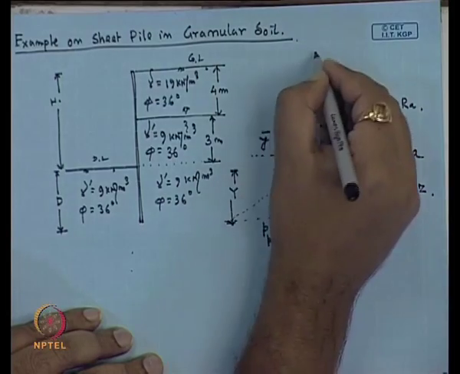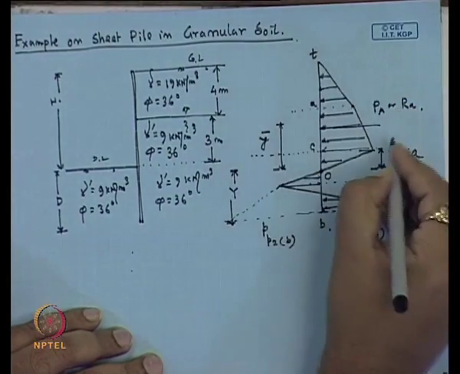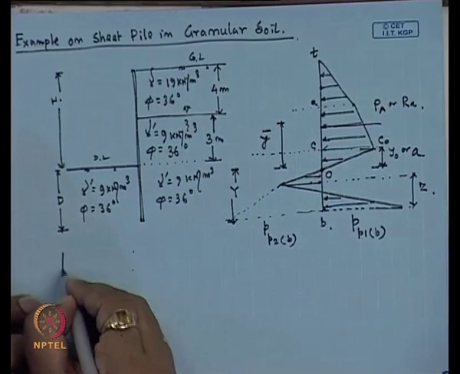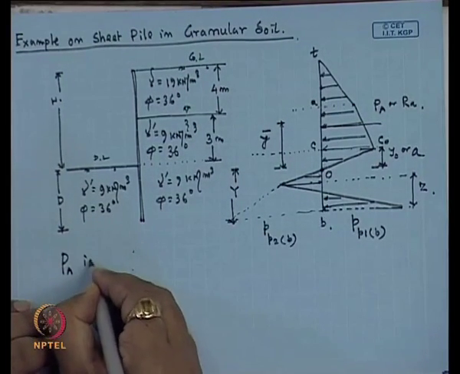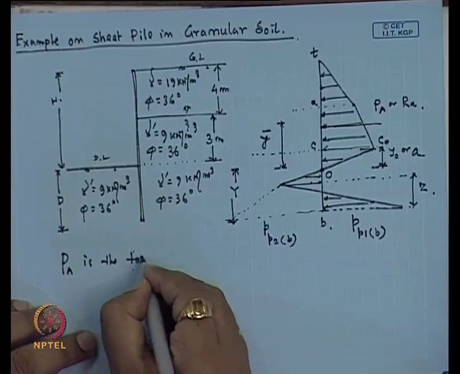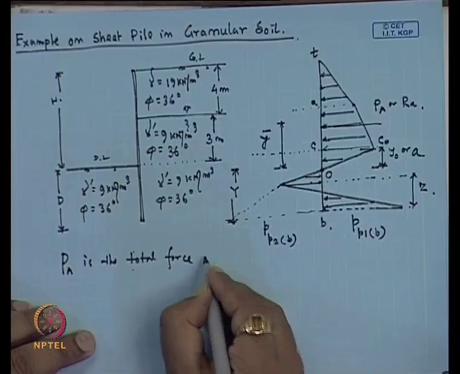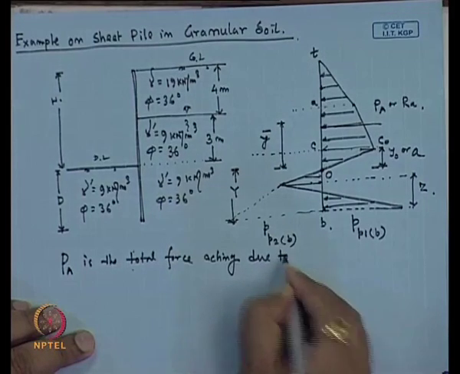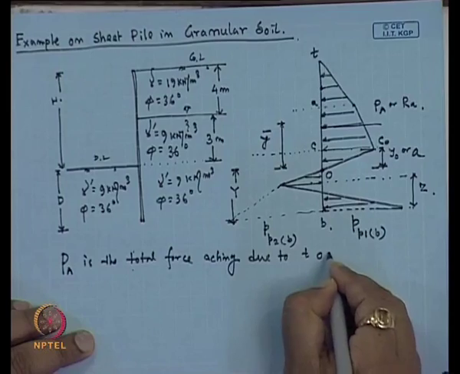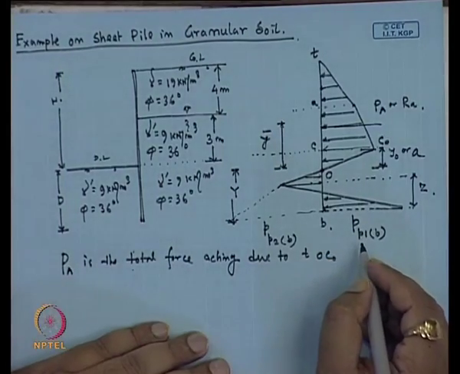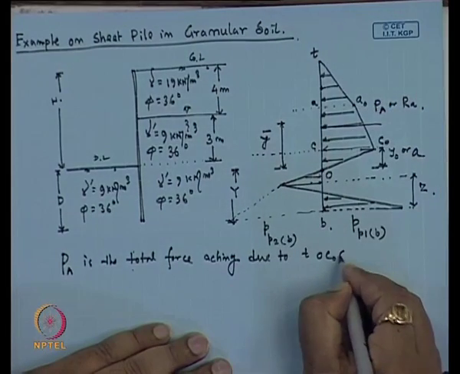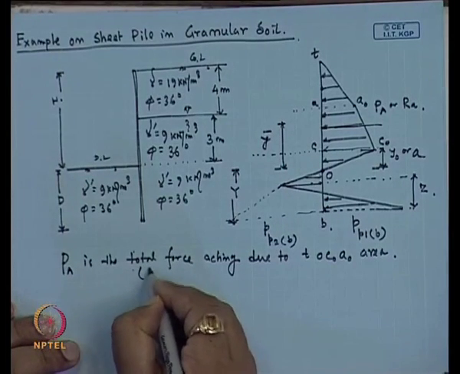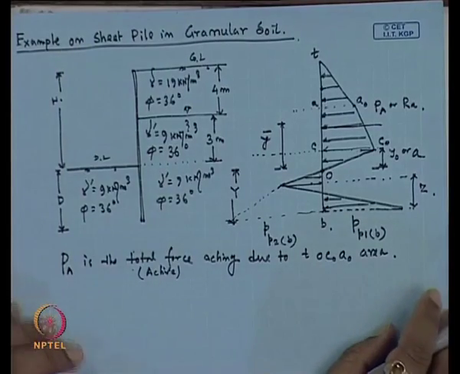If I consider this is top T, this is C and this is C 0, then P A, capital P A, is the total force acting due to T O C 0, and if you consider A 0 and C 0, the area T, O, C 0, A 0 is the total active force that is acting.